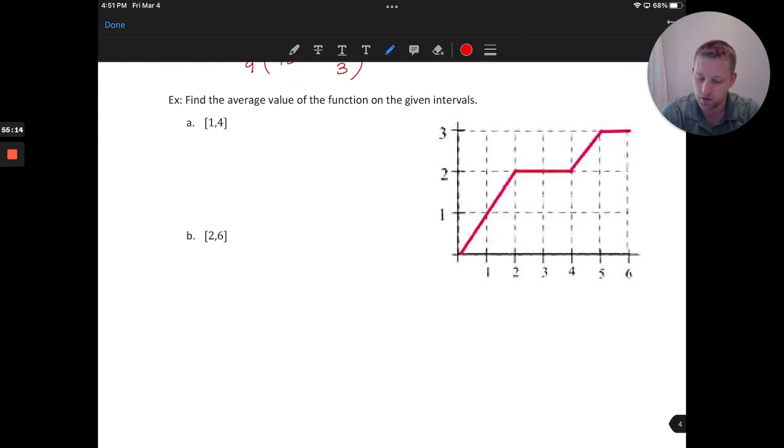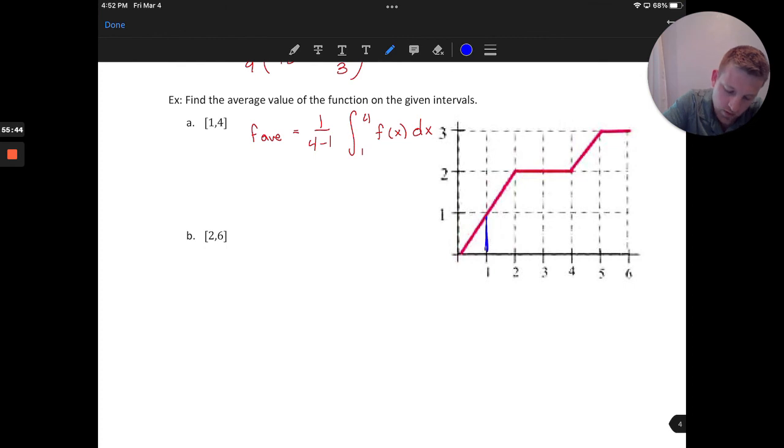So this function, its average value, f average, could be described as 1 divided by 4 minus 1 times the integral from 1 to 4 of our function. Now the integral itself is just going to be the area trapped below the curve from 1 to 4. So let's go ahead and try finding that first.